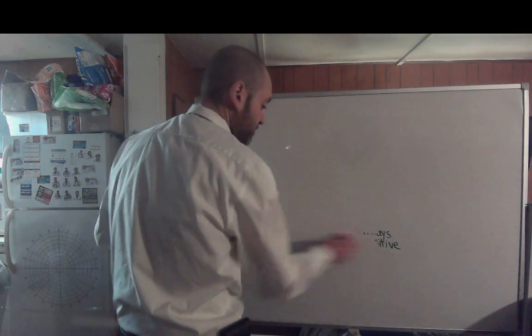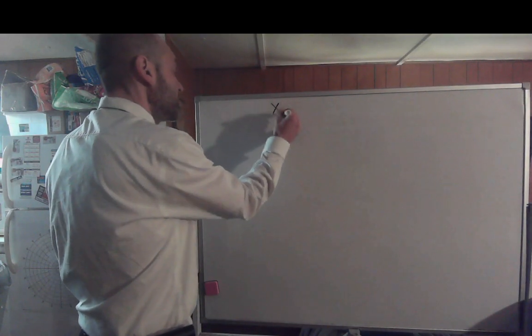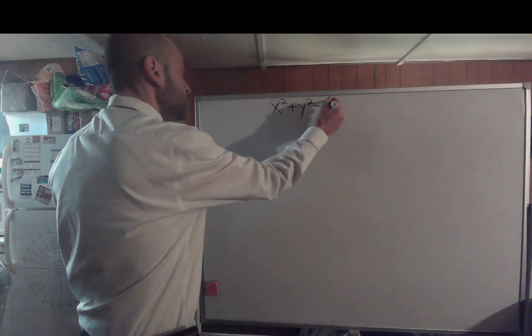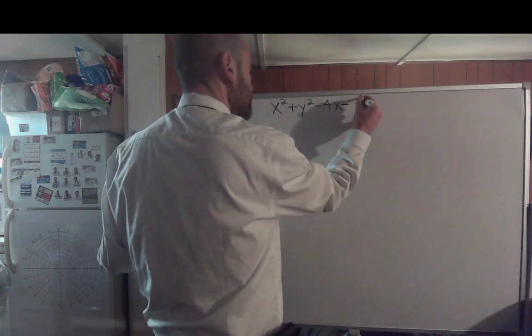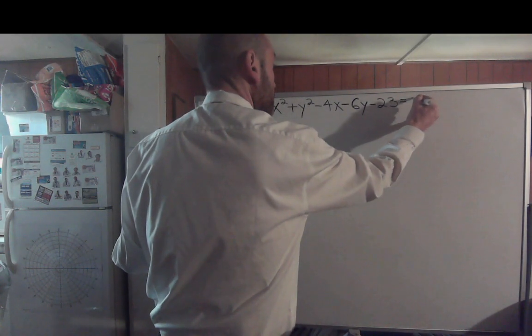First, let's do a circle, and we'll actually show you why it's 0. So let's pick a circle first. Alright, so I have x squared plus y squared minus 4x minus 6y minus 23 is equal to 0.